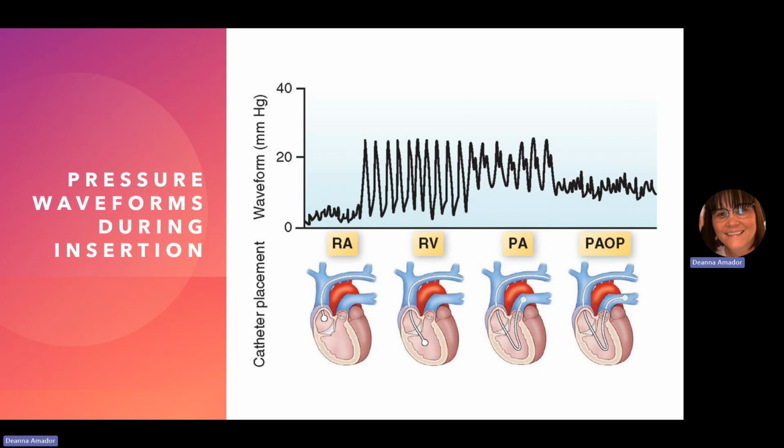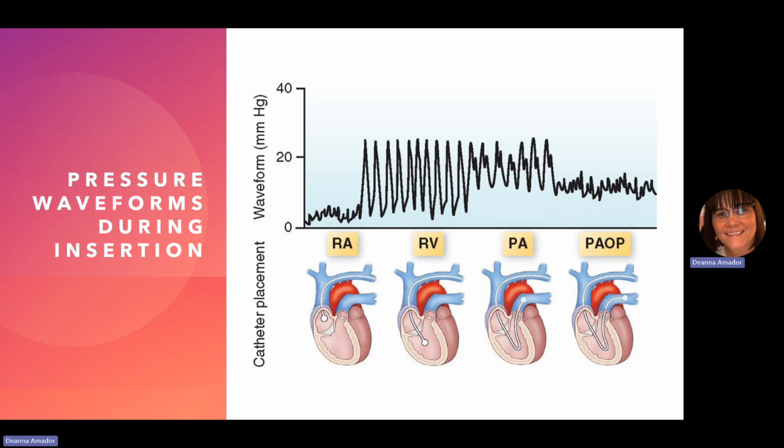And then if they blew up the balloon and it went into here and occluded the pulmonary artery, you would see this waveform. So with all that, do you need to know the different waveforms? No, you don't, but you need to know that this is how this line works. This line is really good at showing me lots of different pressures within the heart.